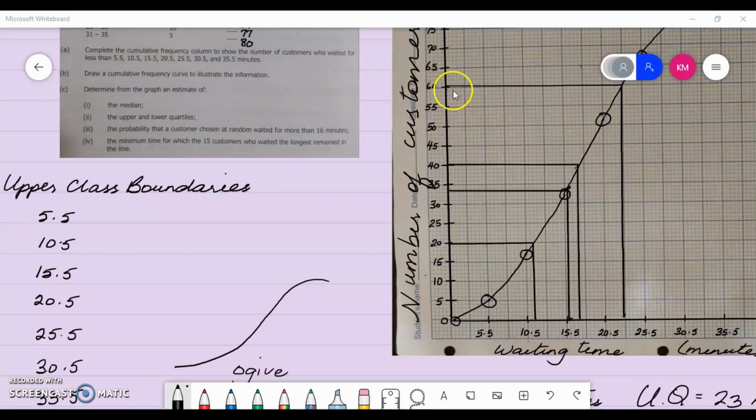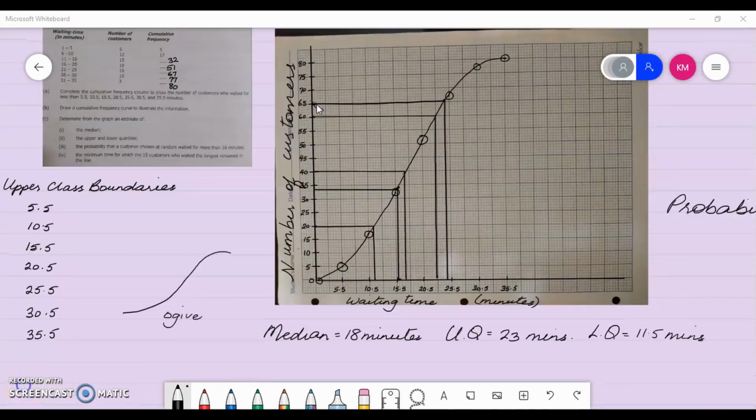And at 65 on my y-axis, I'm going to draw a horizontal line until it meets my curve, and then come down with a vertical line and read off that time on your x-axis. So at 65, you see a horizontal line going across. It touches my curve. I draw a vertical line until it meets my x-axis. And at x-axis, I have 25. So that is going to be my answer for my last part.